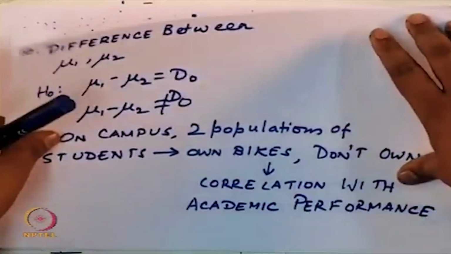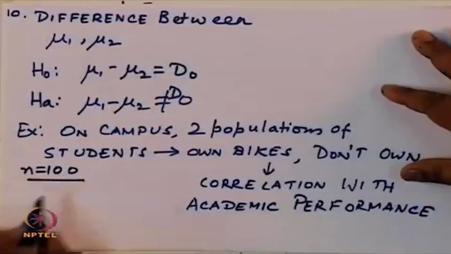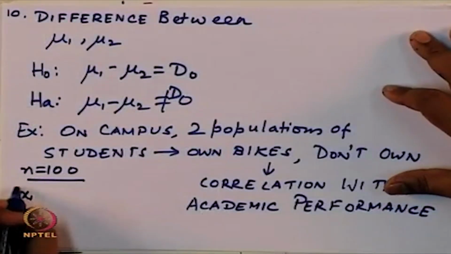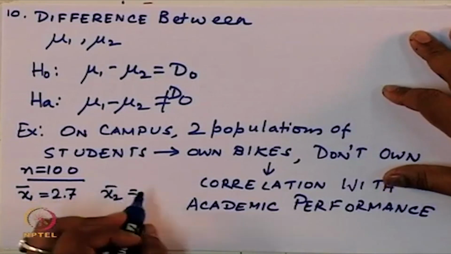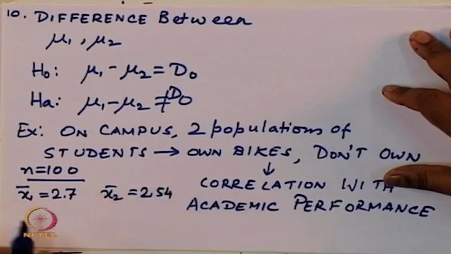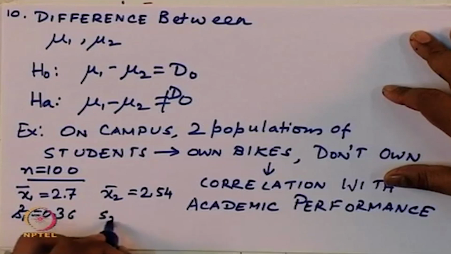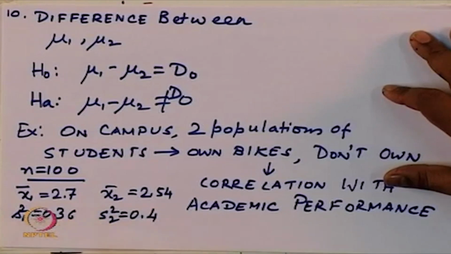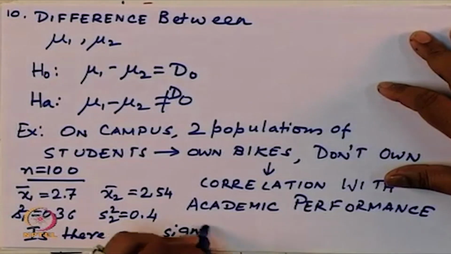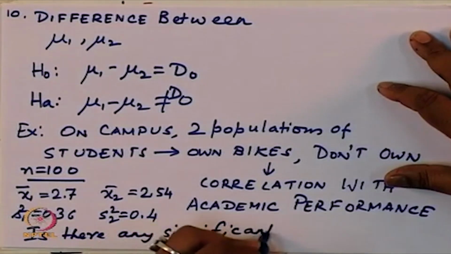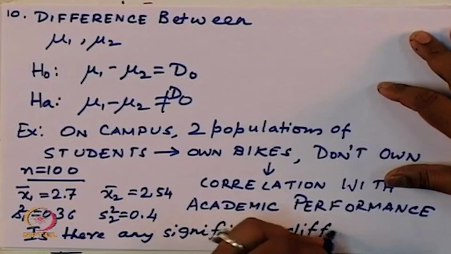What you are given: let us say n equal to 100 for both, x1 bar is 2.7, x2 bar is 2.54, s1 square is 0.36, s2 square is 0.4. So, is there any significant difference in their academic performance?